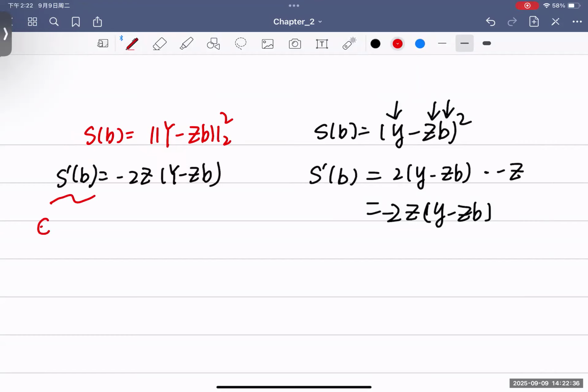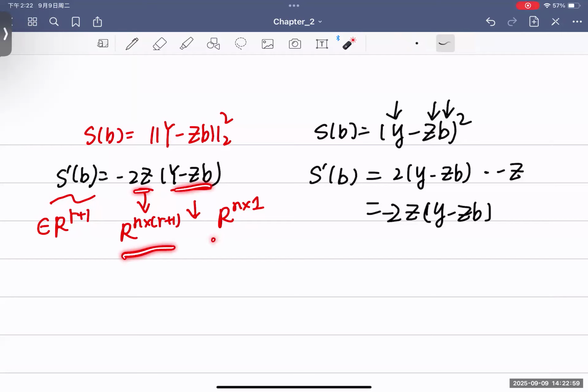This guy must become the r plus 1 version because b is r plus 1, and y is n times 1. So this z is n times r plus 1, and you will find the size does not match. How could you use these to create the r plus 1 version?